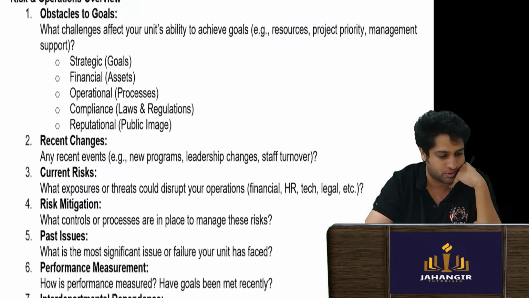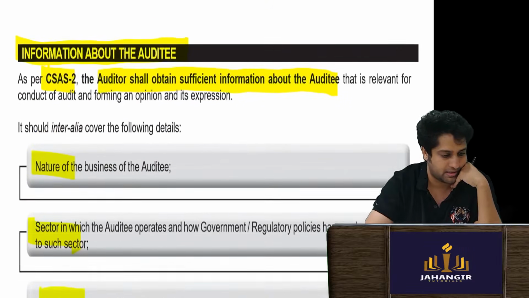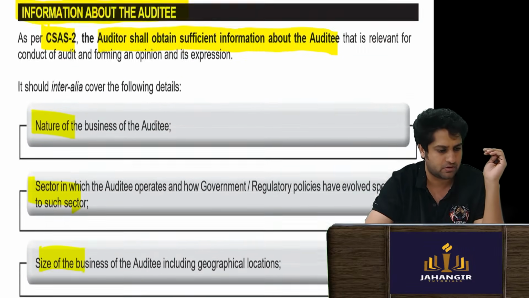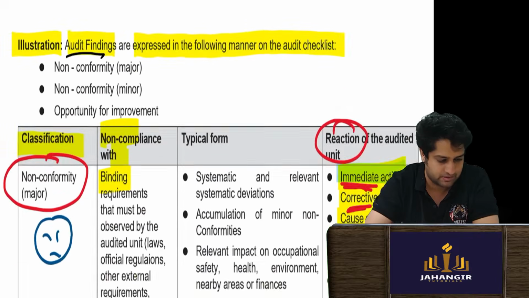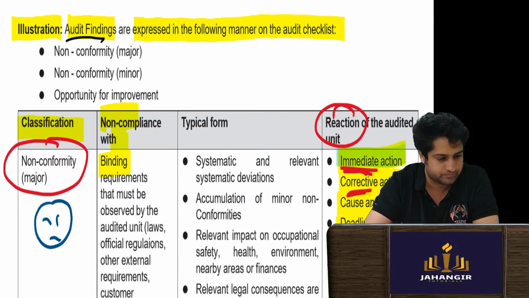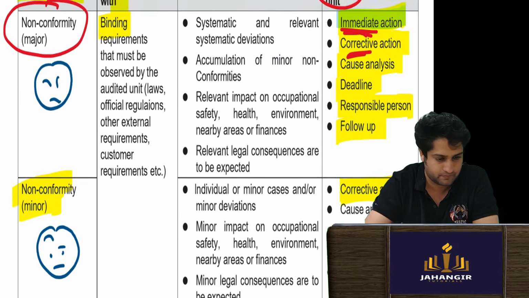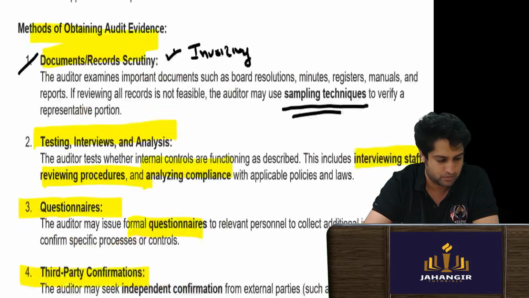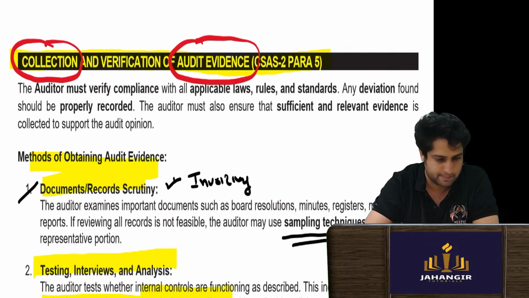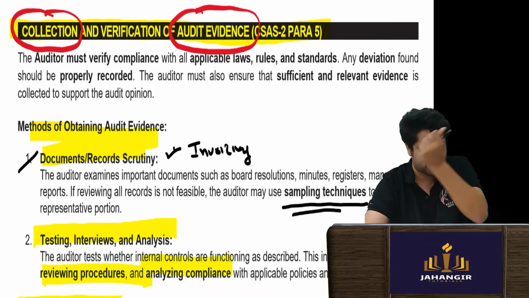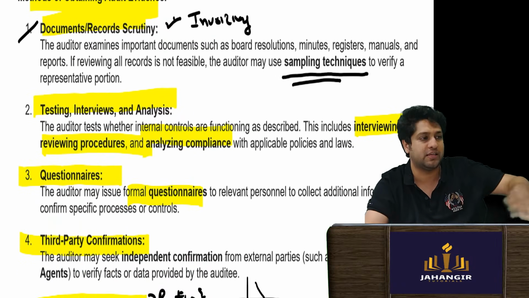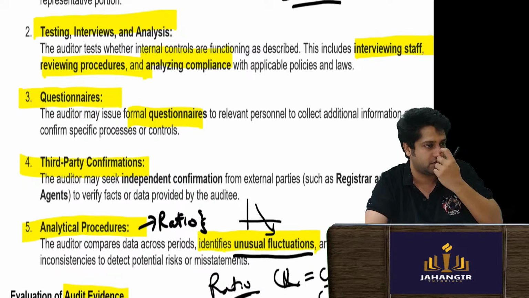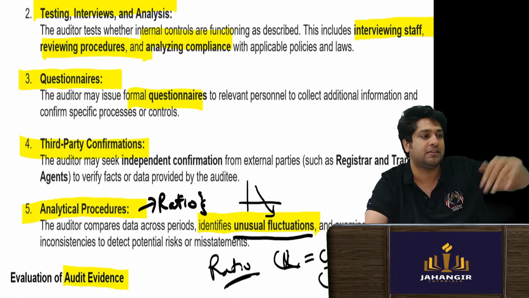Now, very important. We'll come to the concept of materiality. Till then, this is about information about the auditee checklist. Very simple. All this is simple. Collection of audit evidence. I have told you all the different kinds of staff manpower. One could be sent for invoicing. One could be testing the internal control. One could be told to make third party confirmation.